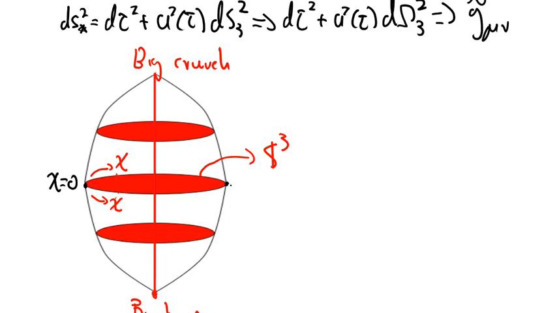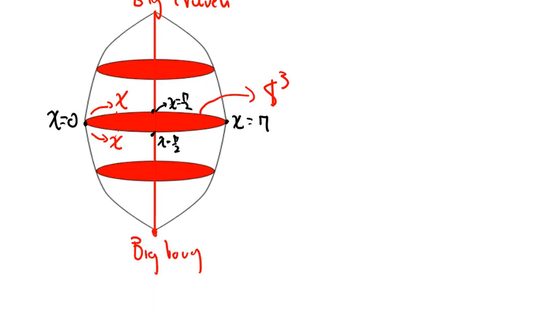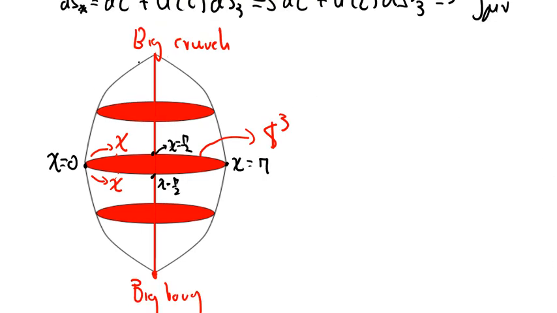This point is chi equal to pi, and so we only have to consider the region in which chi goes from 0 to pi half. So this is chi equal to pi half, and the other side chi equal to pi half. And so it means that we just have half of this ellipsoid. We only need to consider half of the ellipsoid.